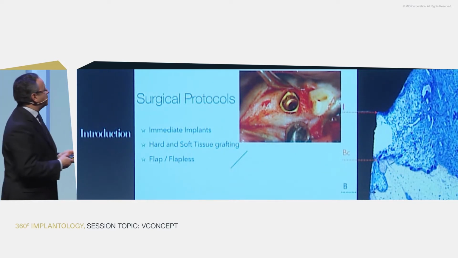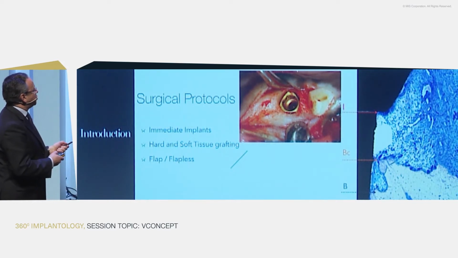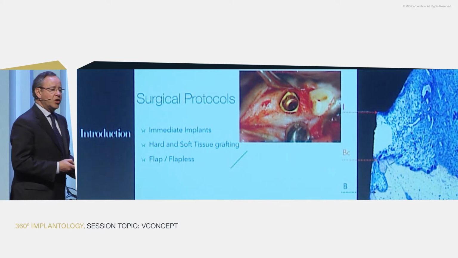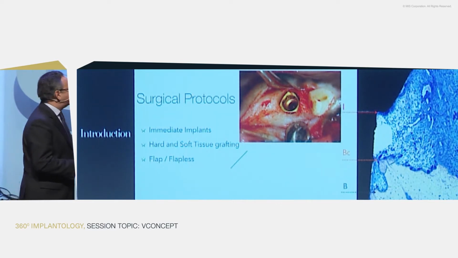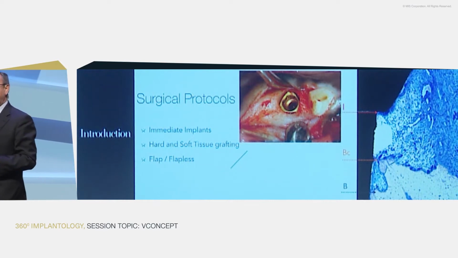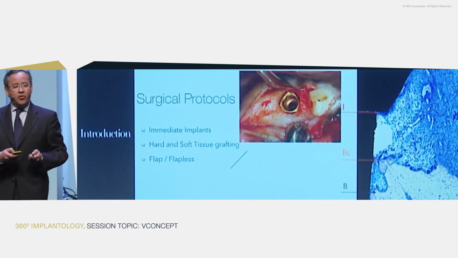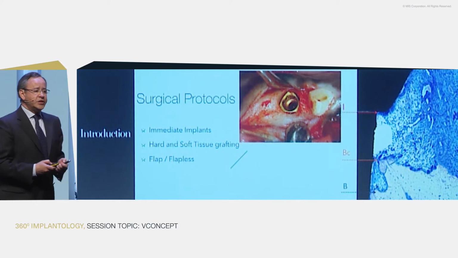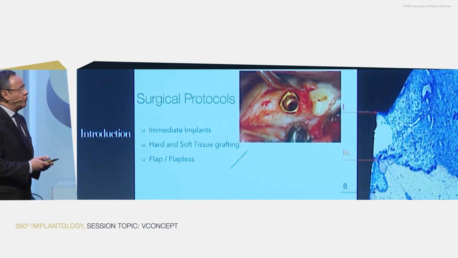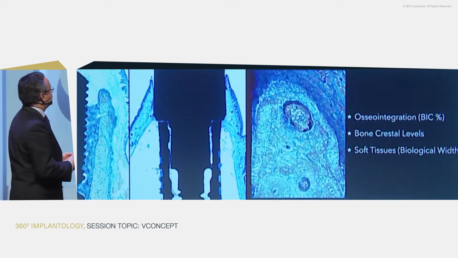But we need to understand what is the histological impact of immediately placing an implant on the crestal bone remodeling and the crestal bone physiology that occurs. We have also looked at different protocols in order to increase the vascularity of the bone and the impact of these surgical approaches.